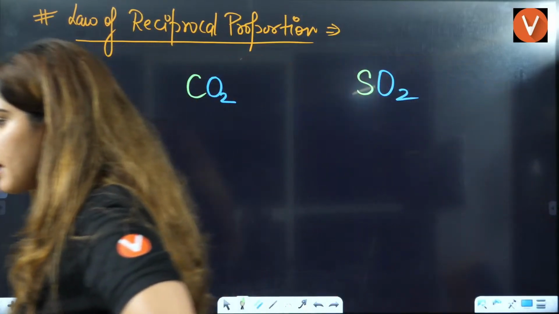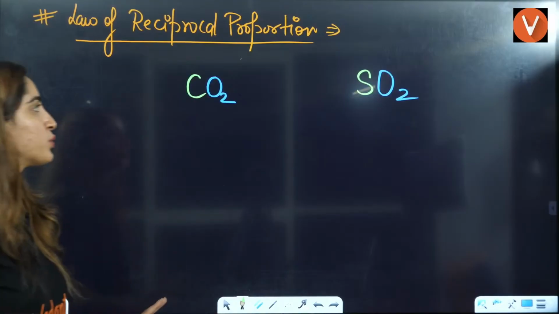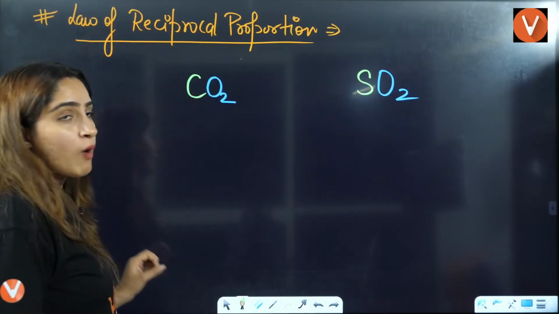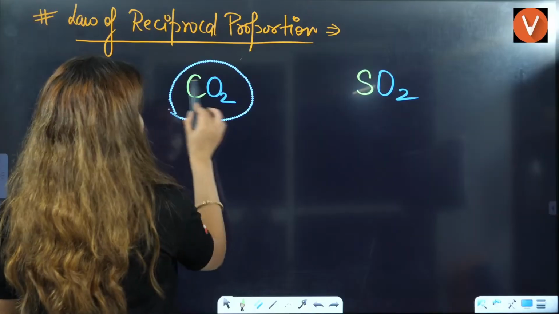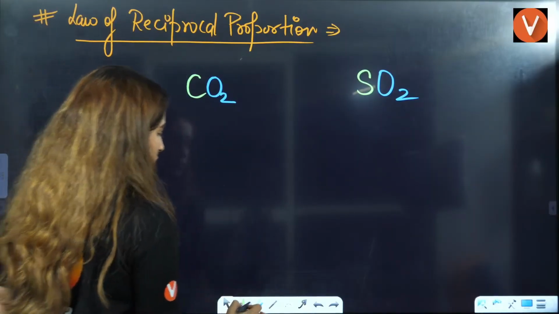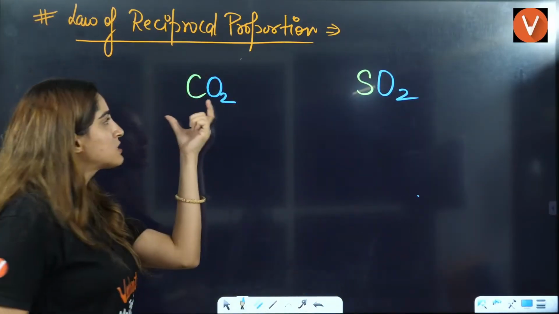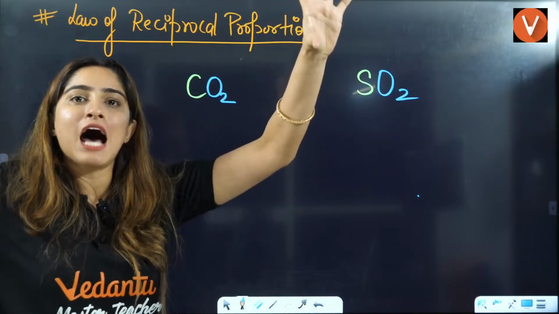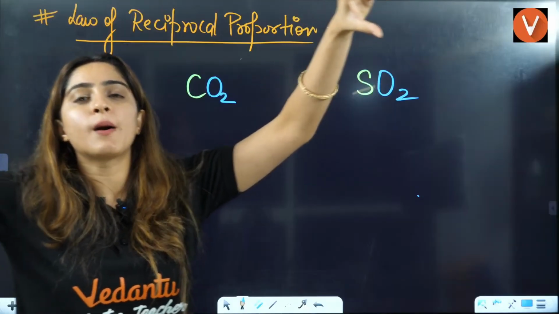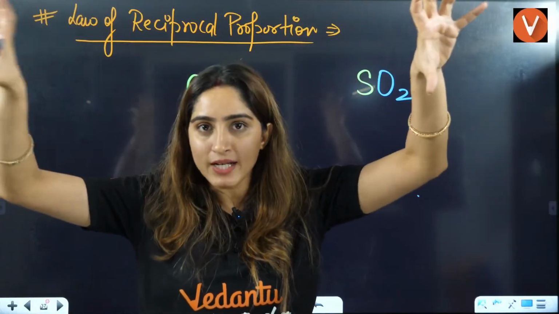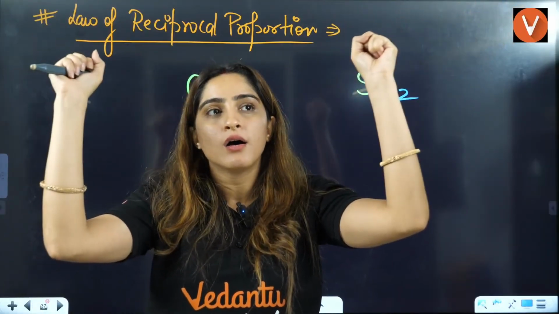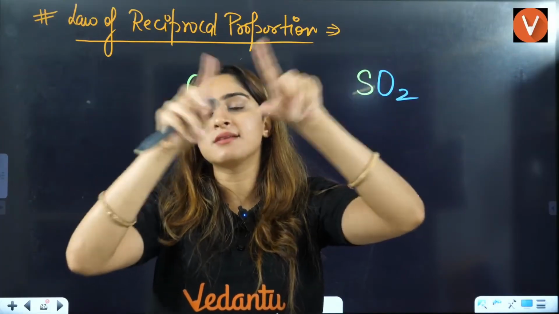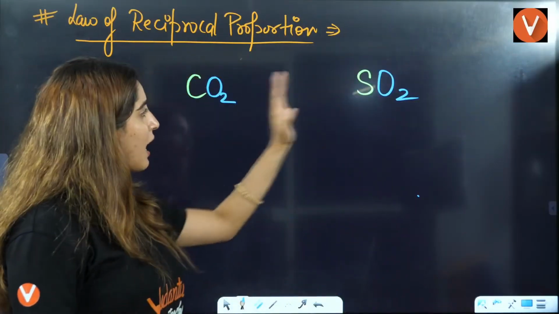Okay, just see this. Firstly, let's do this. You have CO2, you have SO2. Two elements, carbon and sulfur. You are combining both the elements with an element that is the same for both of them, oxygen and oxygen.